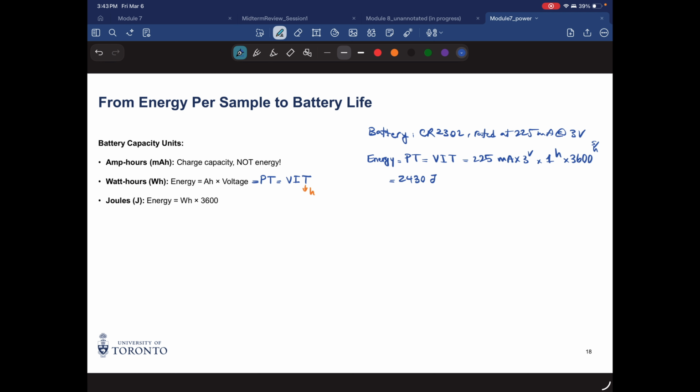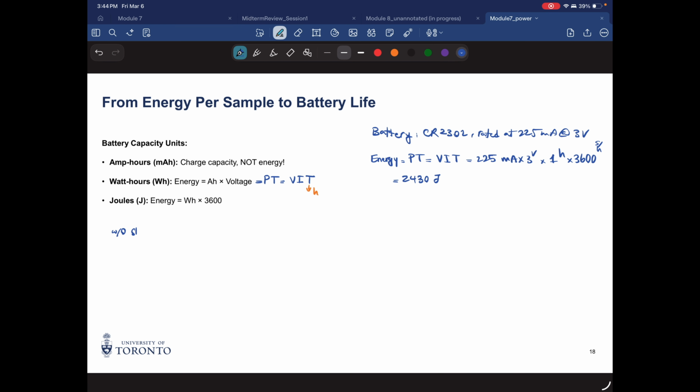Now let's find how long this battery would last for our temperature sensor if we were just active all the time, or if we were implementing the sleep mode.